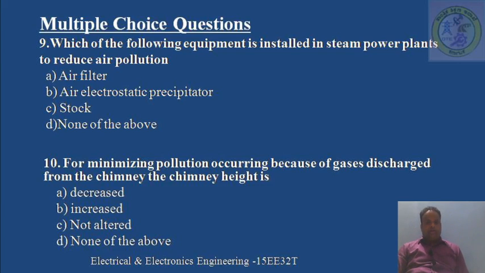We have already discussed that in order to filter particulate matter, or suspended particulate matter, we are using an electrostatic precipitator. Therefore, the correct answer is electrostatic precipitator, which is used to reduce air pollution.